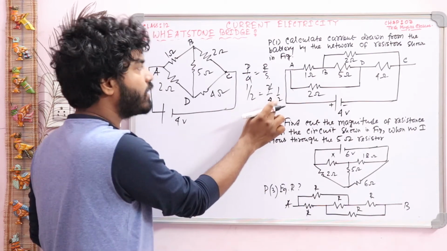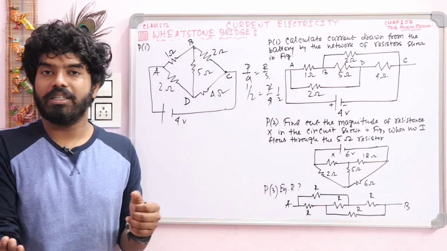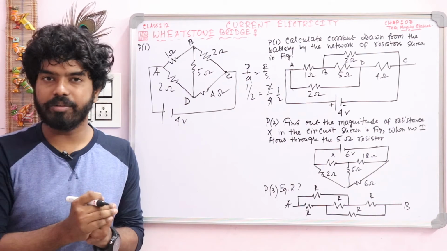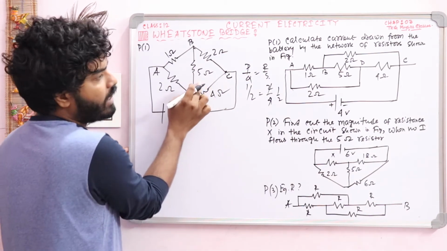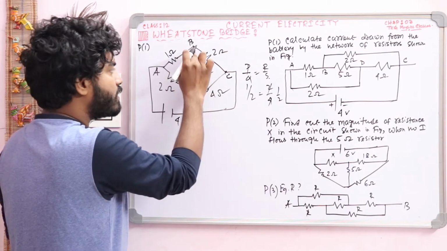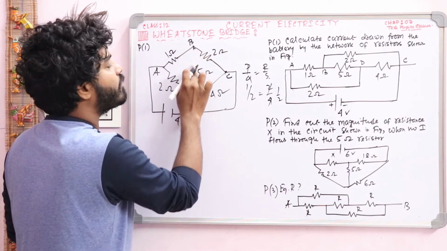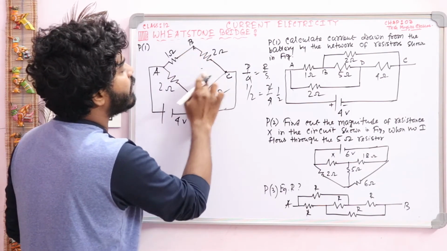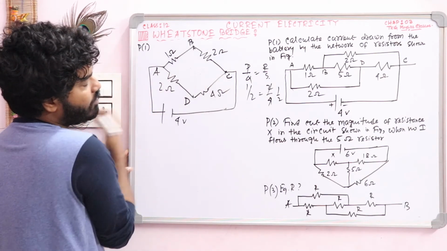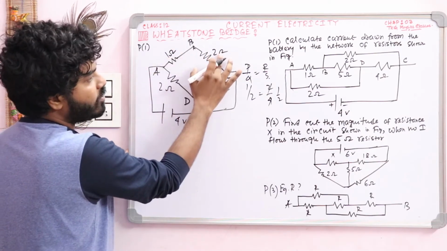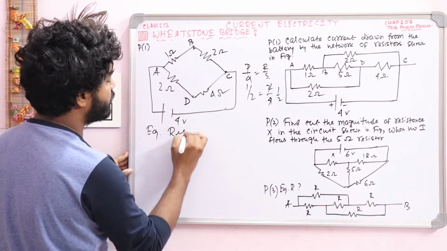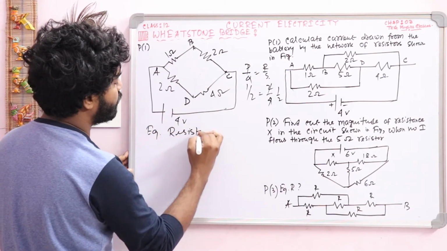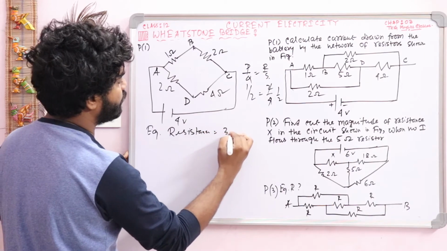That is the balance condition, and in balance condition there is no flow of current through this galvanometer. That means this 5 ohm resistance is ineffective. Now very simple, 1 and 2 in series, so the equivalent resistance is 3 ohm.